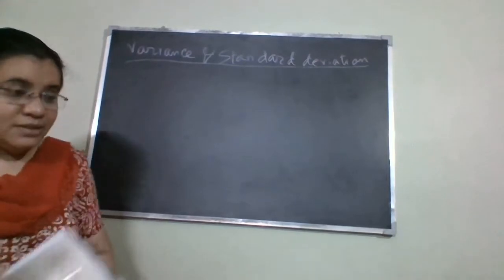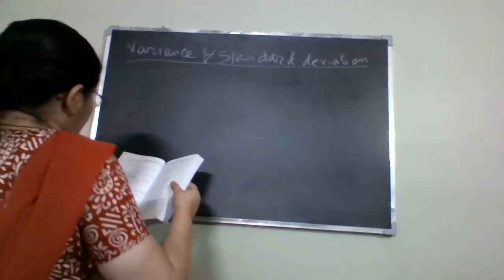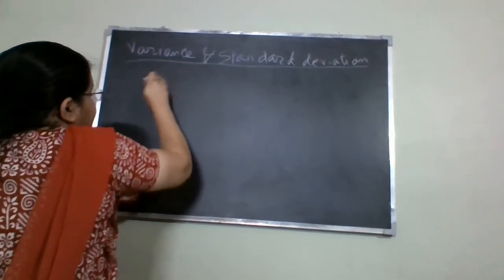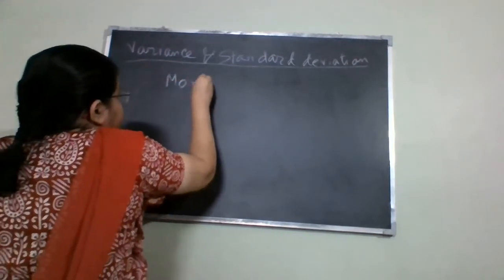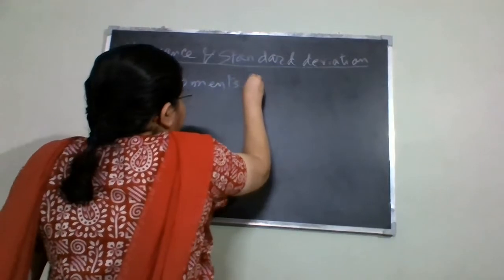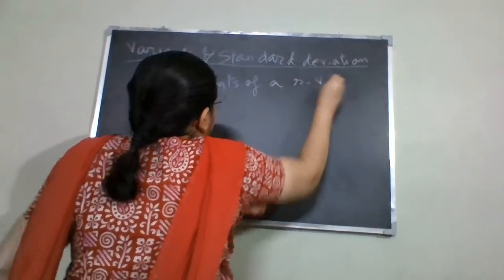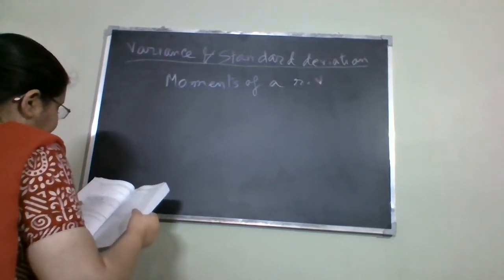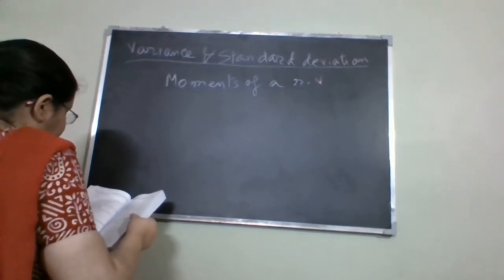So let's start writing it. The topic is moments of a random variable. Subtopic: mu r dash, the rth moment of a random variable.